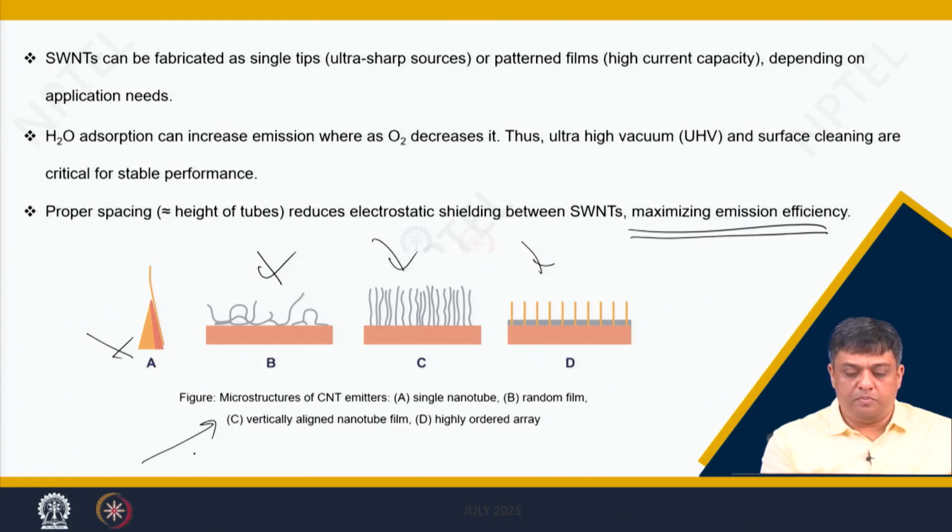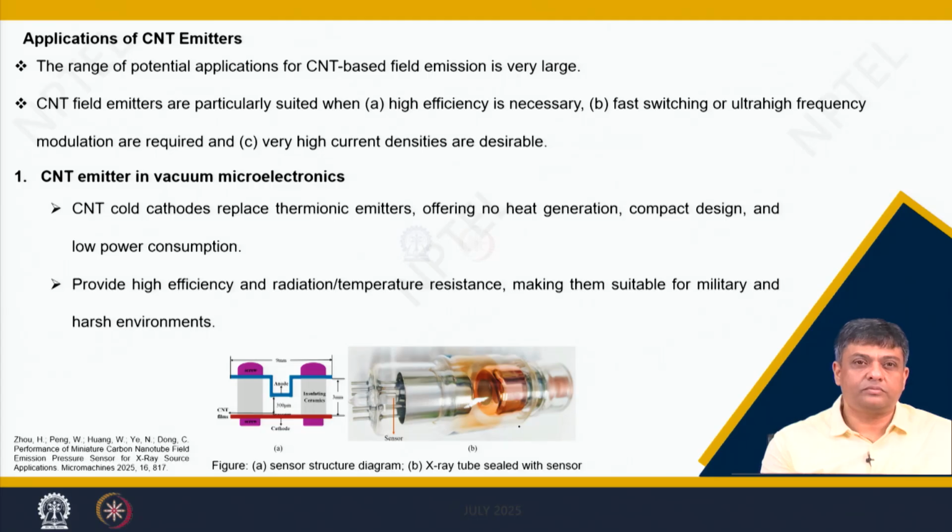So, you can go from single nanotube to random film to vertically aligned nanotube films to highly ordered arrays. Clearly, the emission capacities would be different. Hence, you will see that carbon nanotubes are used in emitters.